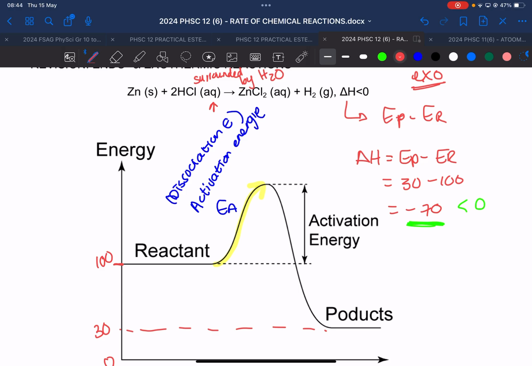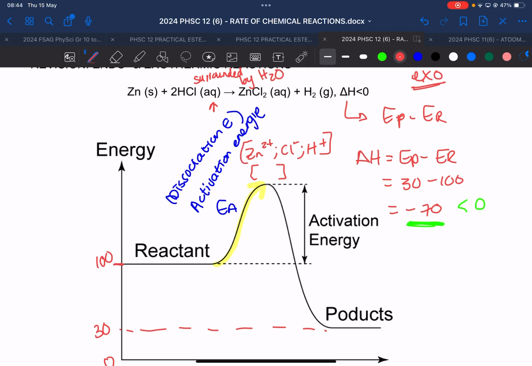Then we have something here at the top that we normally write in square brackets. I would write zinc ions, chlorine ions, hydrogen ions in brackets like that, there at the top.